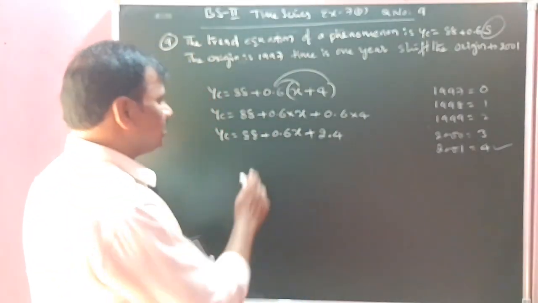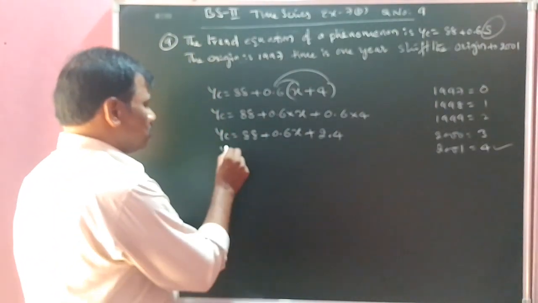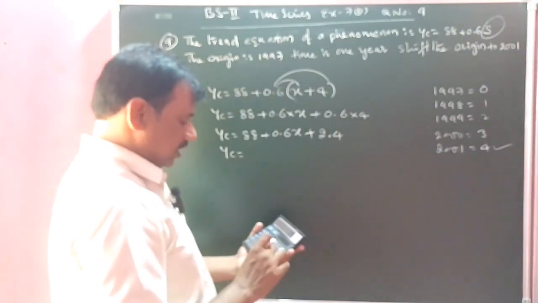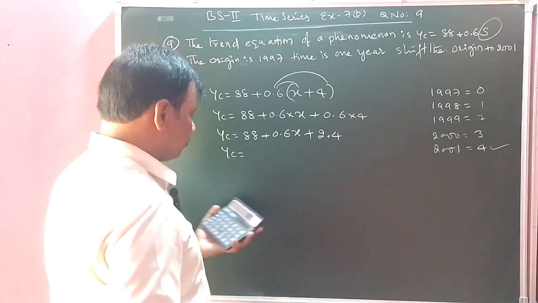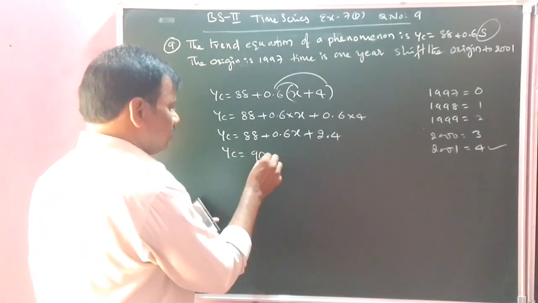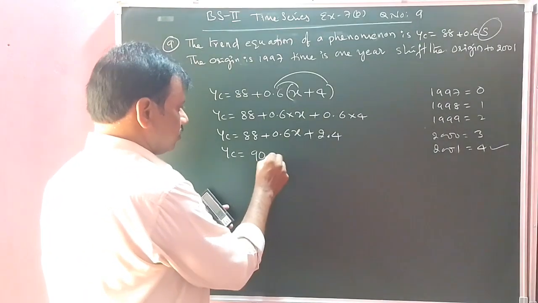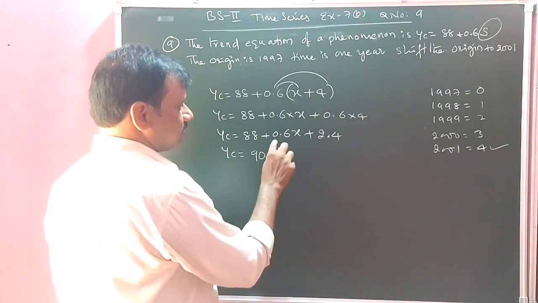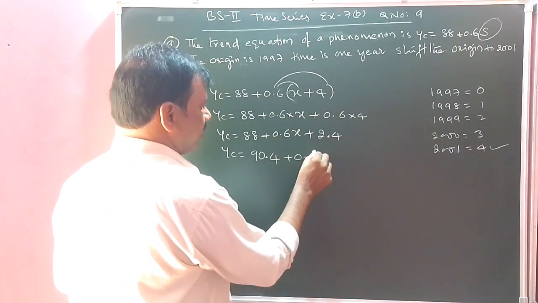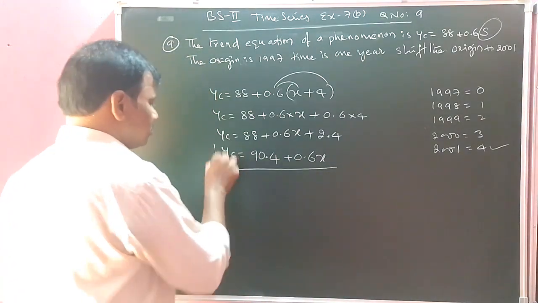Now I am adding these two values. So YC equal to 88 plus 2.4, that value is 90.4. Next plus the remaining value same, 0.6x. So this is the answer.